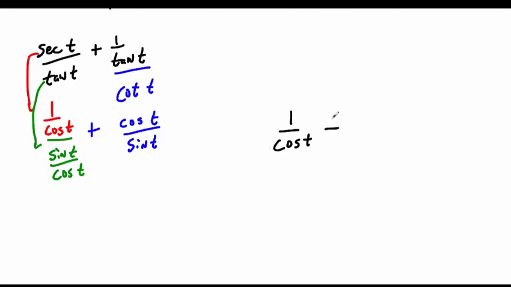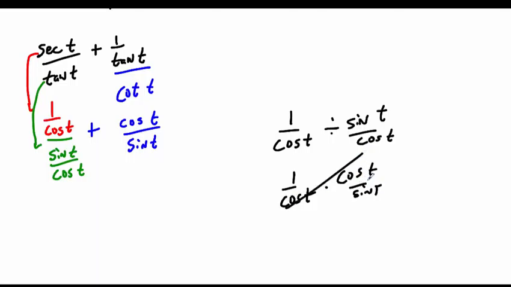If I have 1 over cosine of t, and we're dividing that by sine of t over cosine of t, these flip, so I get 1 over cosine t times cosine of t over sine. So the cosines would cancel and just give me 1 over sine.